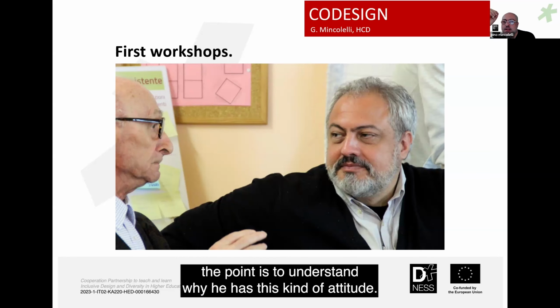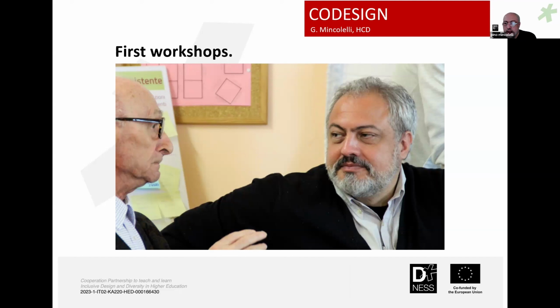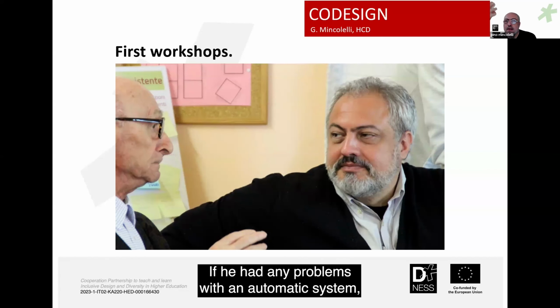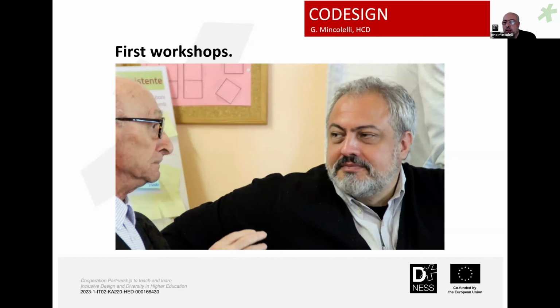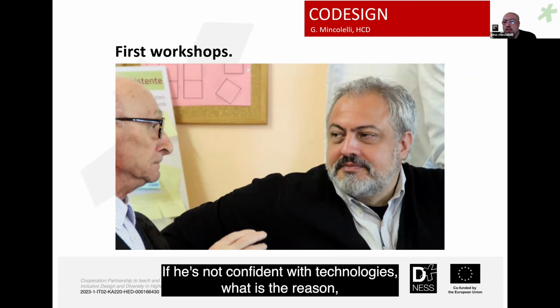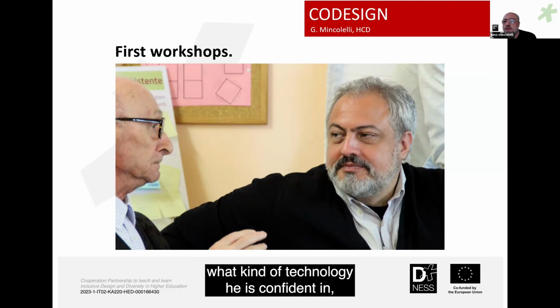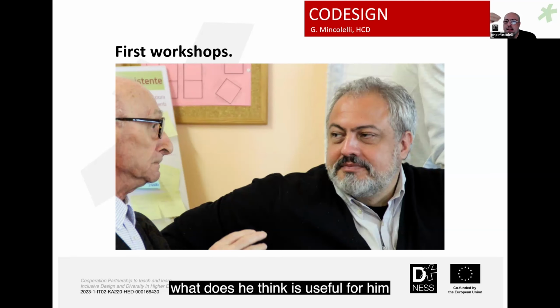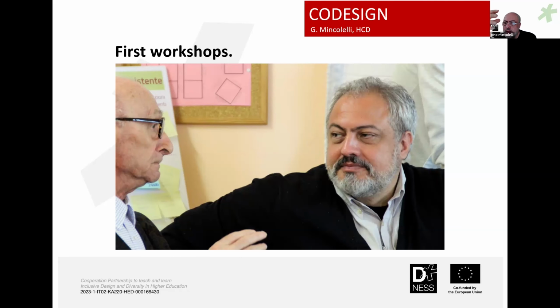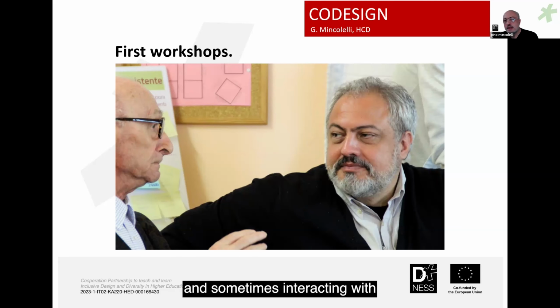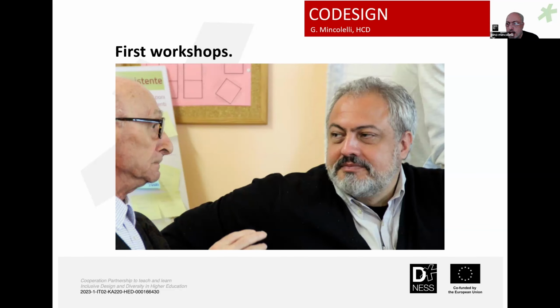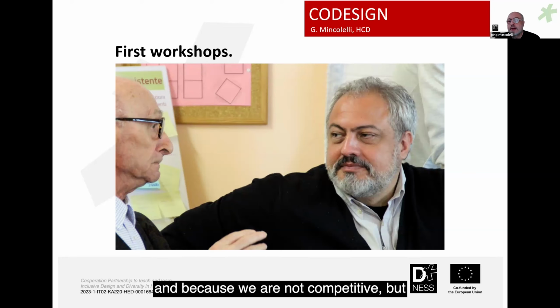The point is to understand why he has this kind of attitude. Does he have any problem with the automatic system, is he not confident in technology, what is the reason? What kind of technology is he confident in? What does he think is useful for him?